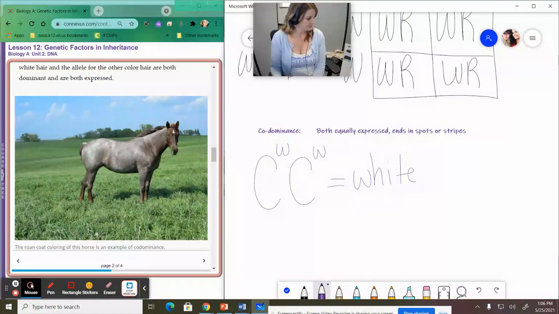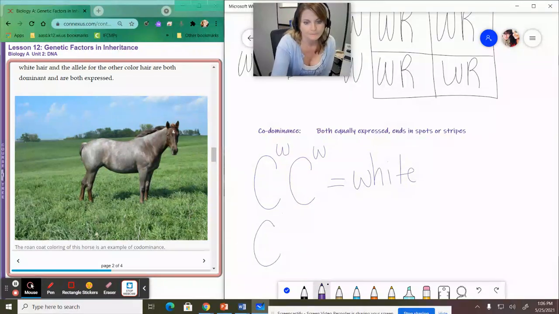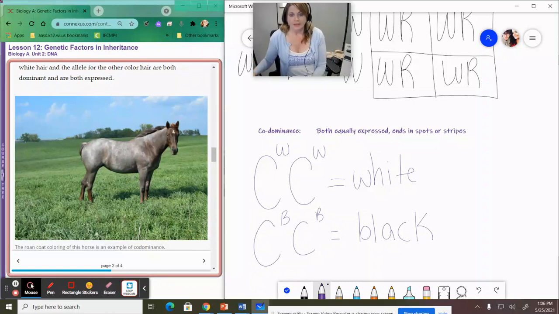Okay. And then if we have a black colored horse, again, we use the C to represent color, and we use the B for black. So this is our black horse. Okay. So again, we could do the same thing.